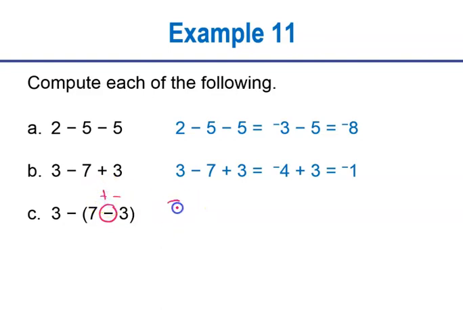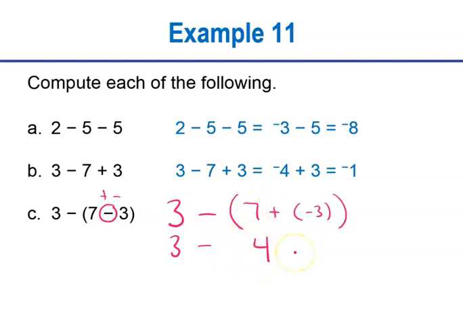So this is equivalent to 3 subtract, and again, 7 plus a negative 3, let me write it down for you, 7 plus a negative 3. Now the rule is when you have opposite signs, and this is a positive added to a negative, you subtract the numbers. 7 minus 3 is 4, and you keep the sign of the larger, and since the larger is 7 and it's positive, I keep that as positive 4.